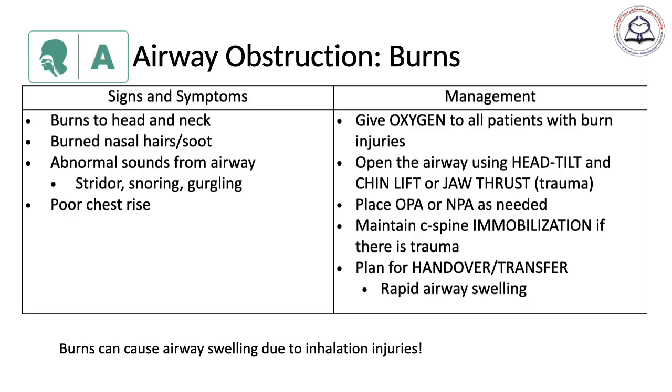Then you do head tilt chin lift, depending on whether there is trauma or not, and then you place an oropharyngeal or nasopharyngeal airway as appropriate. You might need to do C-spine immobilization in case of trauma, and then you have to arrange for the appropriate disposition.